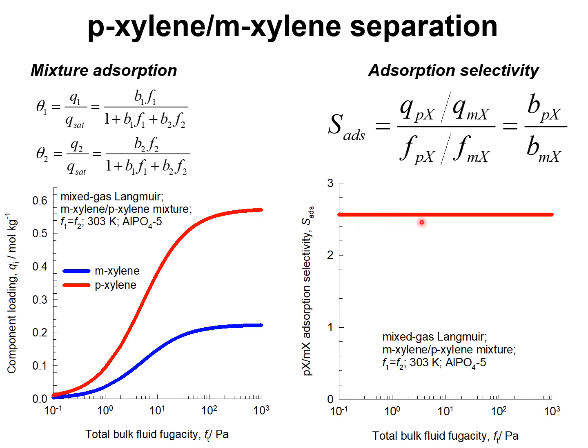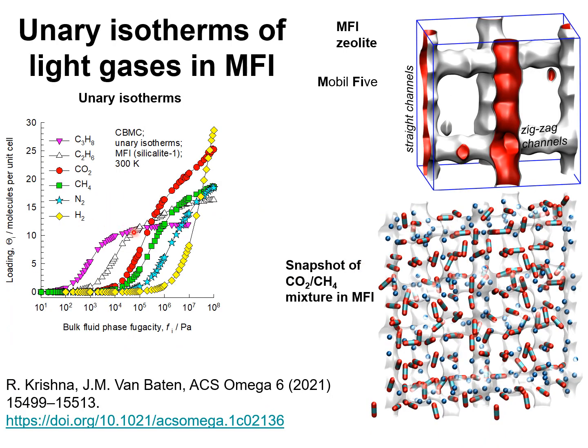The adsorption selectivity is constant and has a value of 2.6 and is independent of the total bulk fluid phase fugacity. An important assumption made in the derivation of the binary Langmuir model is that the saturation capacities of components 1 and 2 are equal to each other.